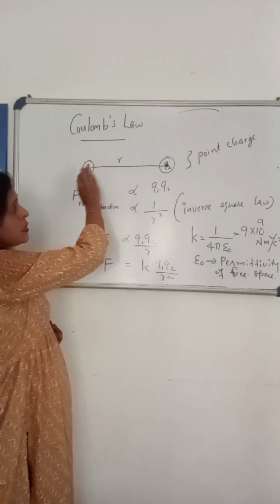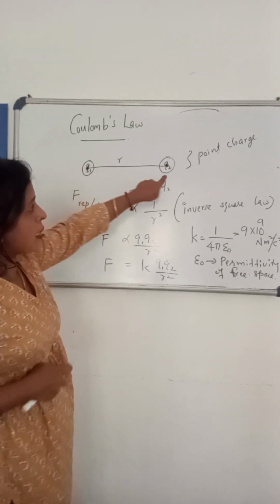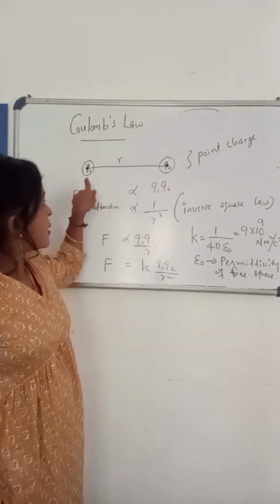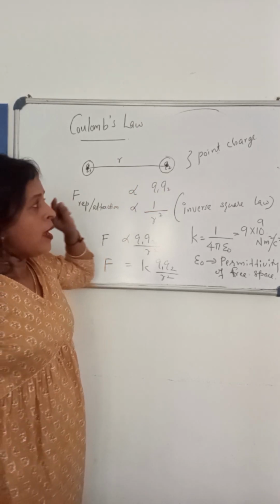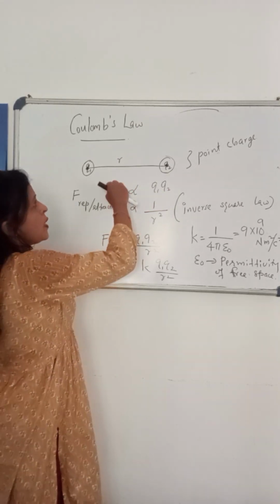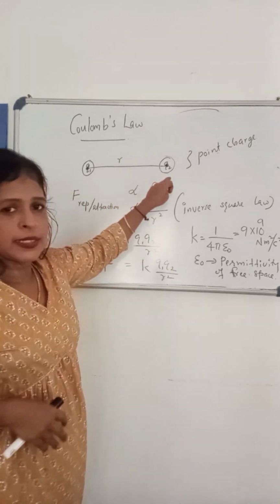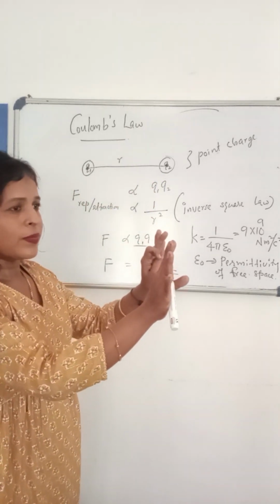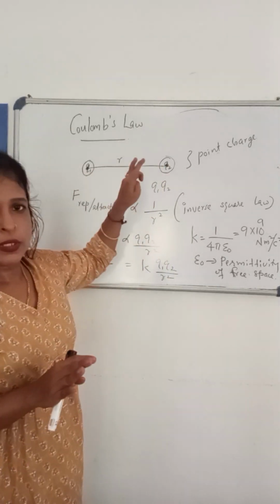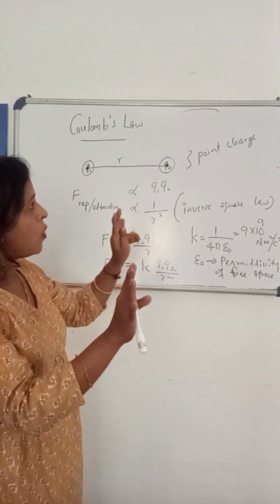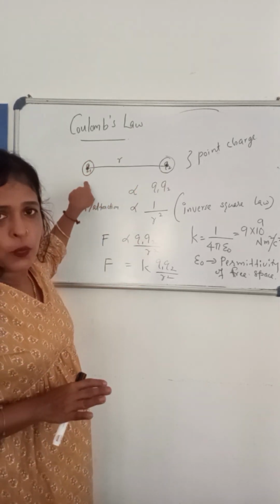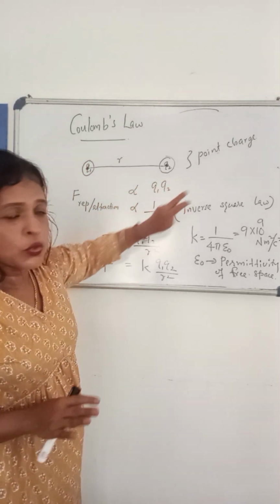these two charges, Q1 attracts Q2 and Q2 also attracts Q1 in the same manner. If any medium is present between these two charges, it will restrict those lines of force. It will not allow Q2 to attract Q1 or Q1 to attract Q2.